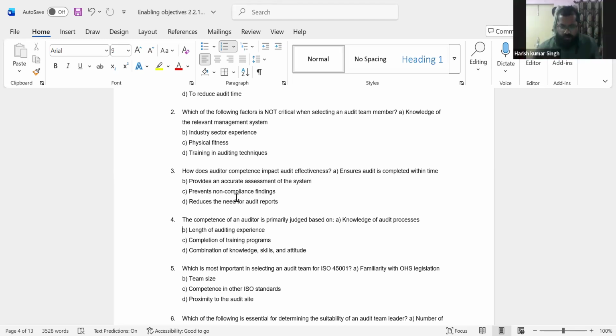Clause 7.2.2 is on the competence of the auditor. The personal behavior is mentioned in the standard itself. Therefore, attitude would be very important there. Correct. Very good, Harish. You seem to have read a lot. You read the standard. Very good. Keep it up.